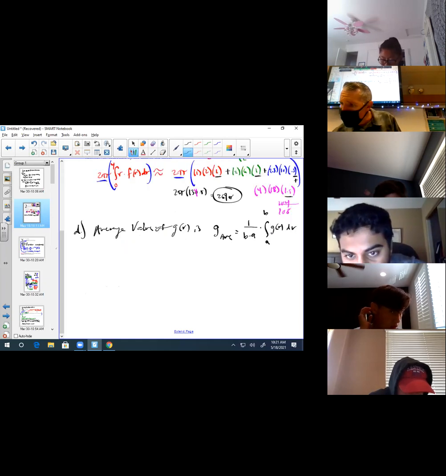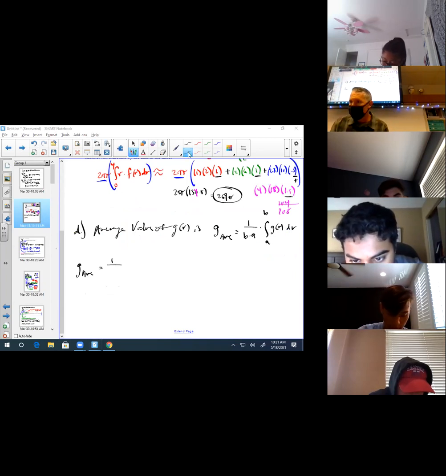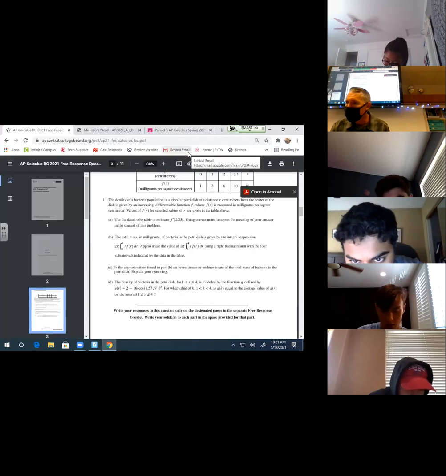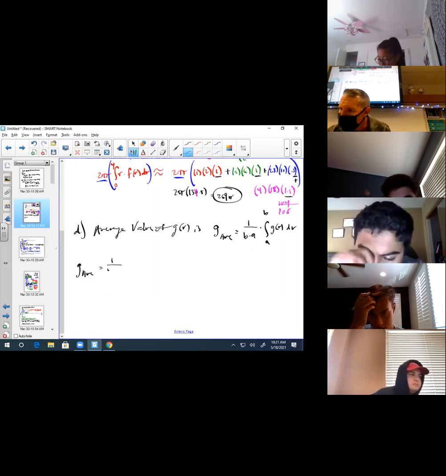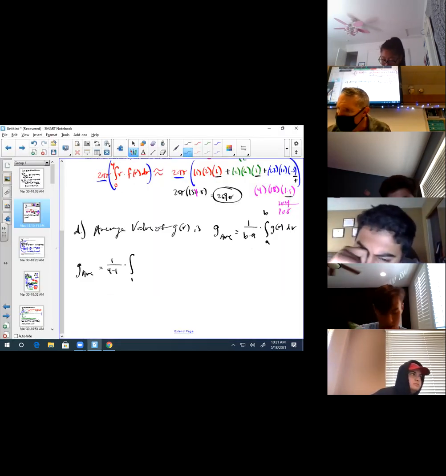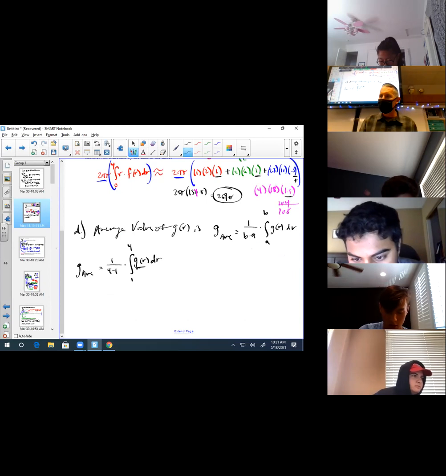So for this, g av equals 1 over, and again, this is from 1 to 4, so 4 minus 1 times the integral from 1 to 4 of g of r dr. Well, they give that to you, so you just plug that into your calculator.